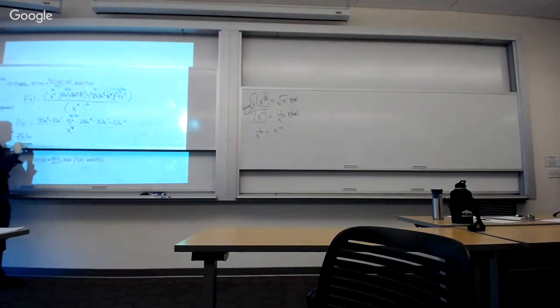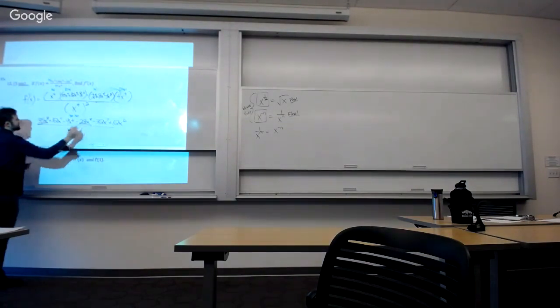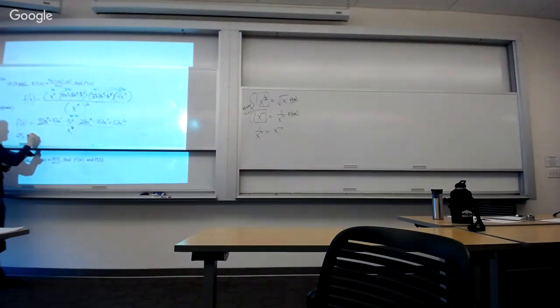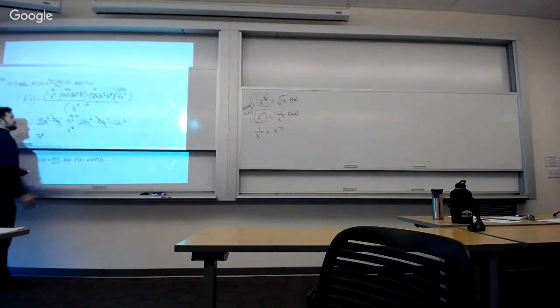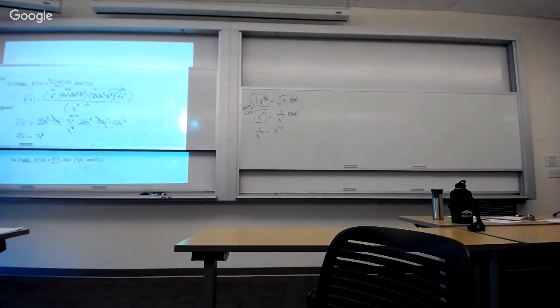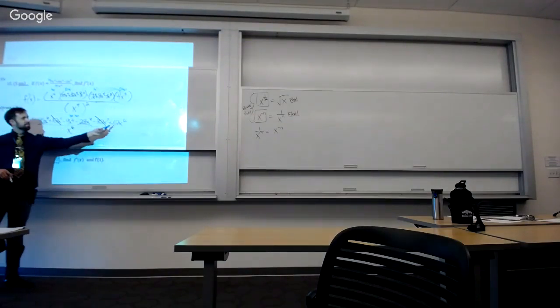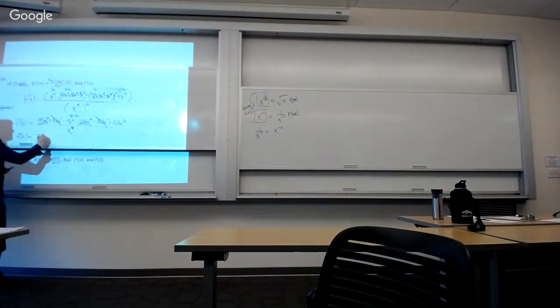So I have multiple x to the 8th terms. So 35 minus 28 is 7x to the 8th. And then I have multiple x to the 7th terms. In fact, my x to the 7th terms cancel out. And then negative 9x to the 6th and positive 12x to the 6th, that's plus 3x to the 6th. All of that is over x to the 8th.